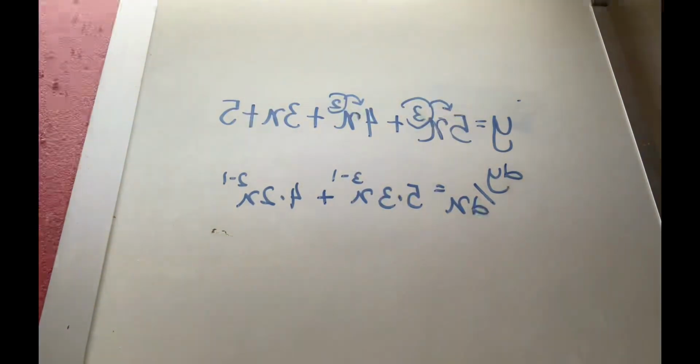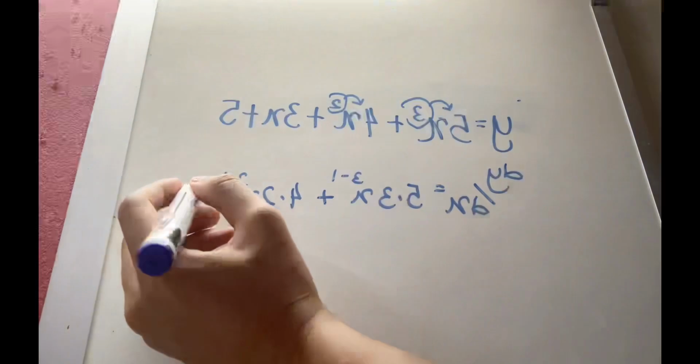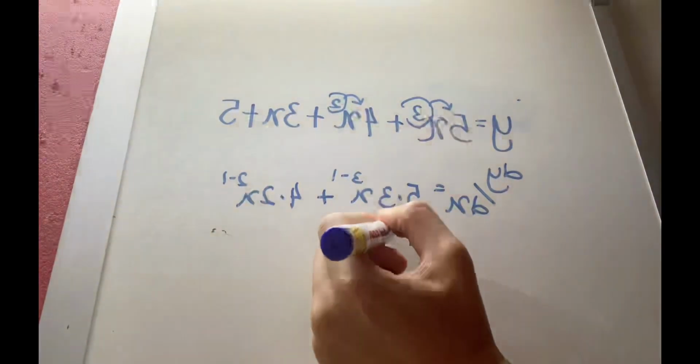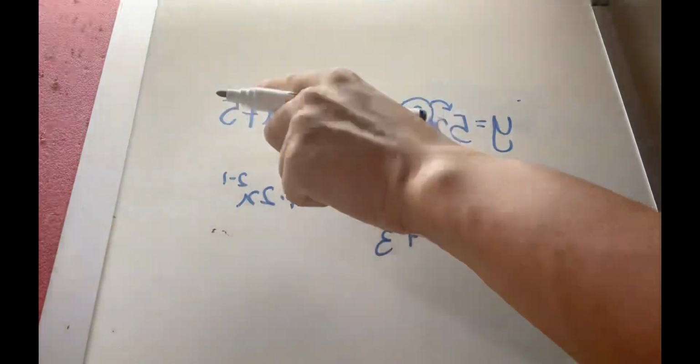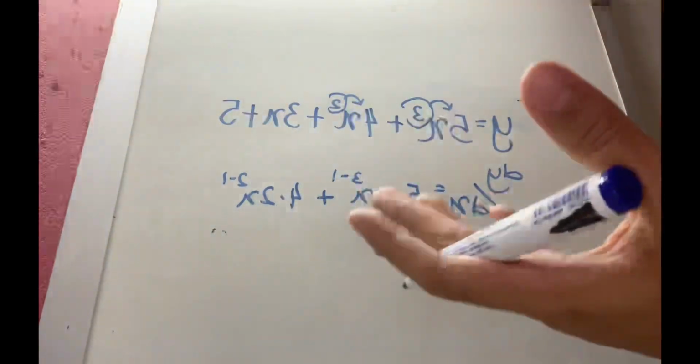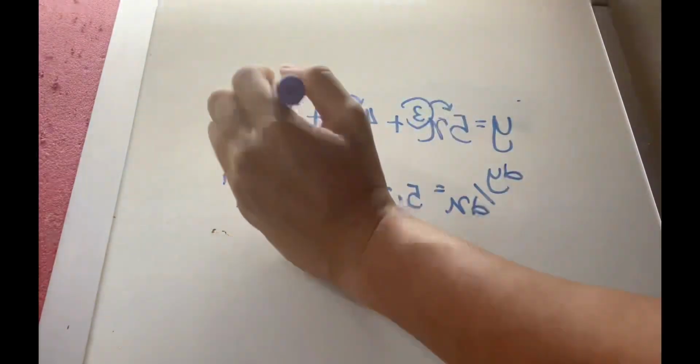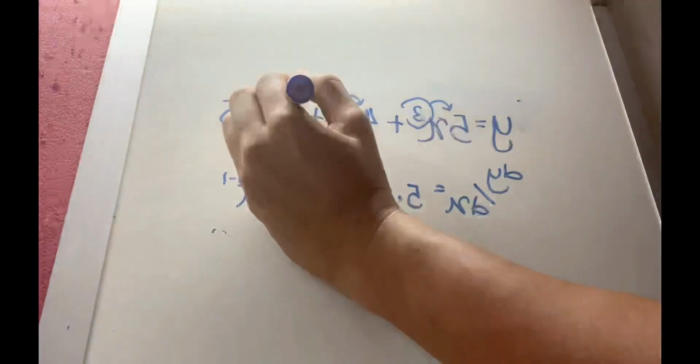Same thing. And for number 3, I will write number 3 down here. As you can see, the 3x here has no power, but there's actually 3x to the power of 1. Like I said just now, 1, bring it to the front.